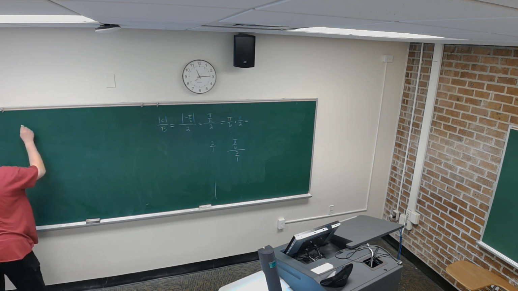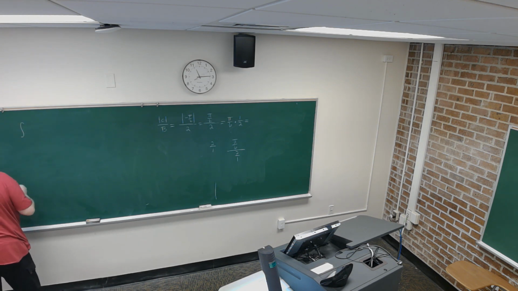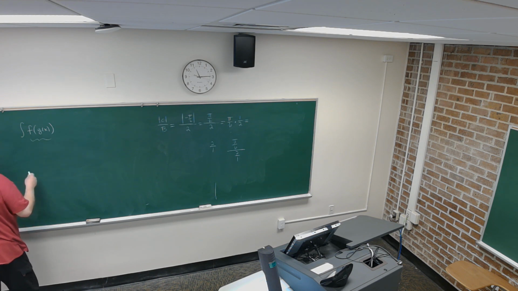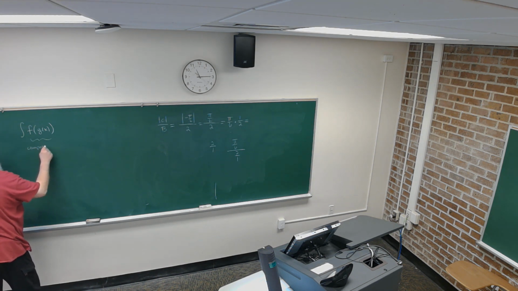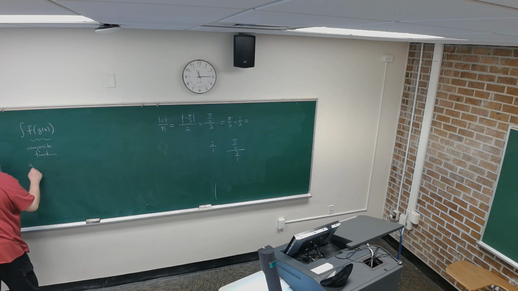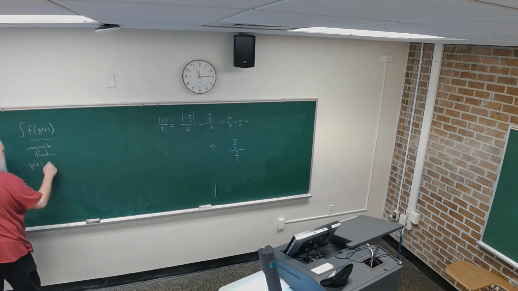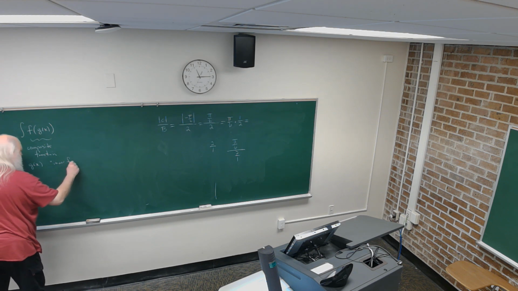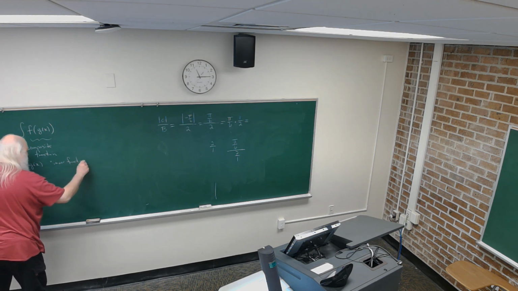So we have the indefinite integral of f of g of x. Now you should recognize f of g of x is a composite function. g of x is the inner function, right?